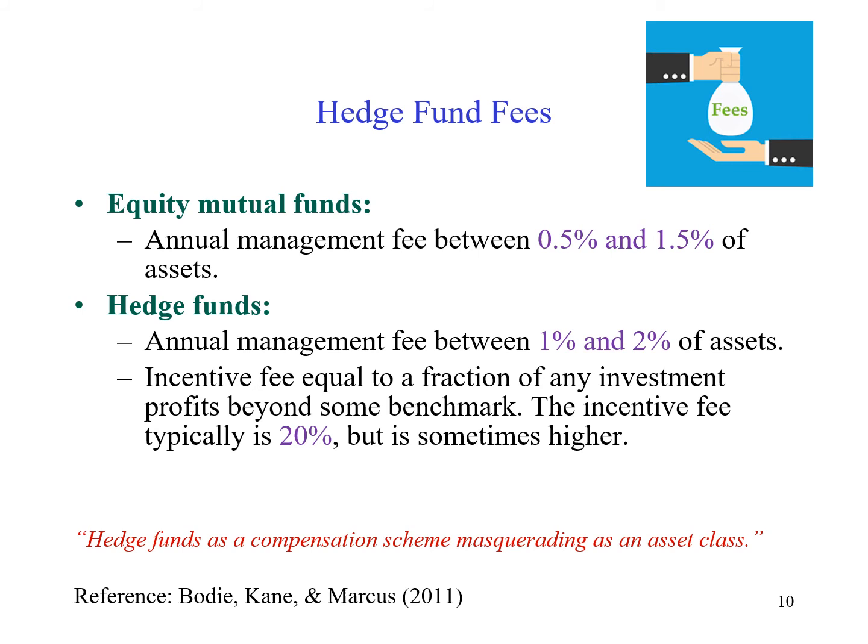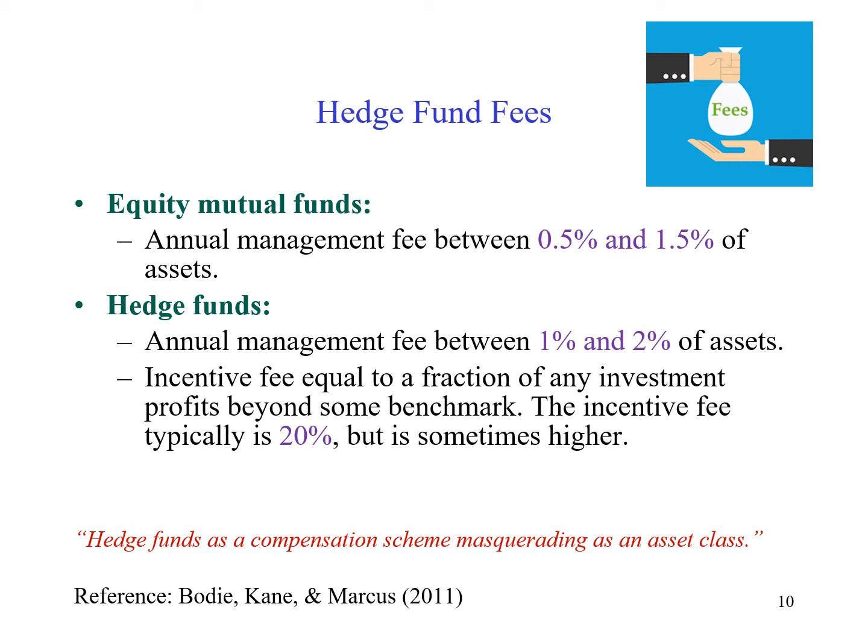Hedge funds also differ from mutual funds in their fee structure. For a typical equity mutual fund, the annual management fee is equal to a fixed percentage of assets, for example, between 0.5% and 1.5%.